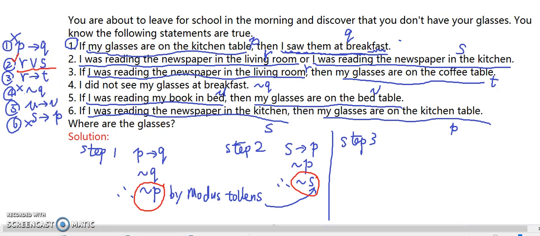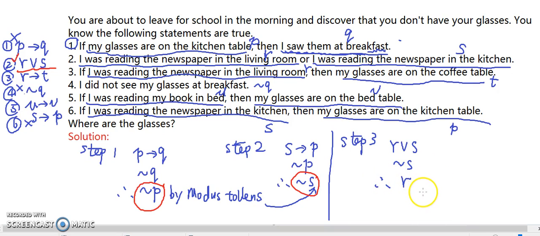And so we have R or S, negation of S. Again, we use the conclusion from step 2. Remember, R or S means at least one of these should occur. If S does not occur, therefore R must occur.